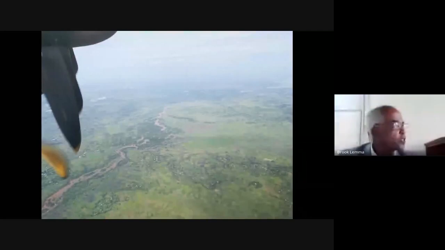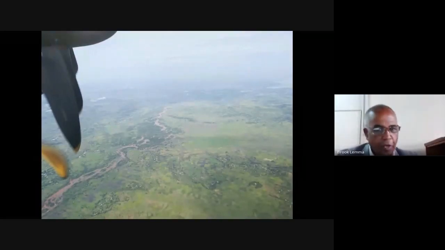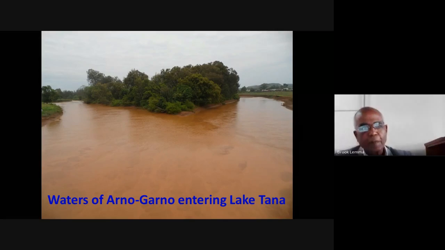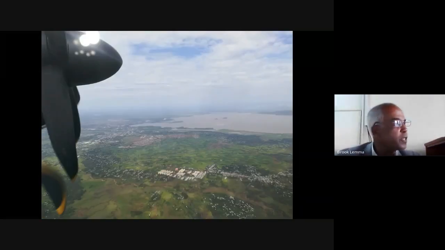So the land is so much degraded. The forests are gone. And the rivers that go into Lake Tana are also so much loaded with silt and nutrients. And the settlements around Lake Tana are also extending right all the way up to the shore.